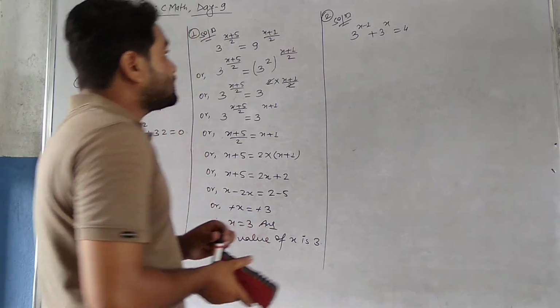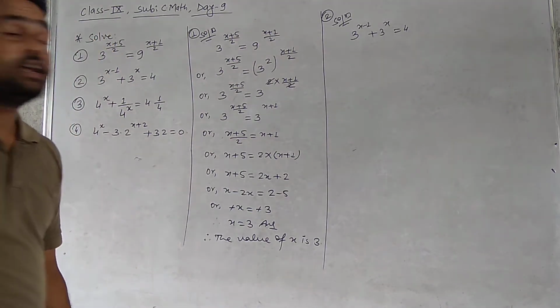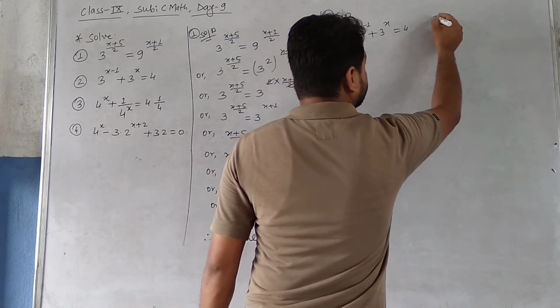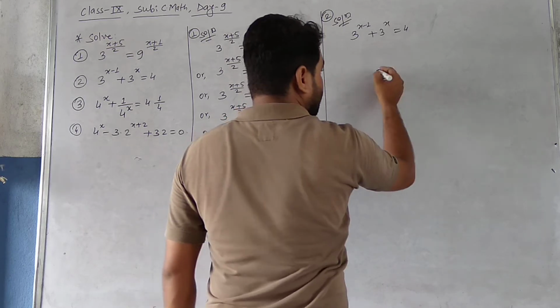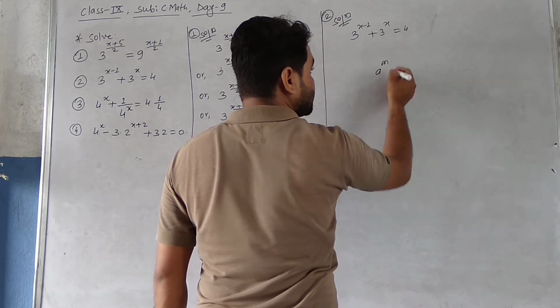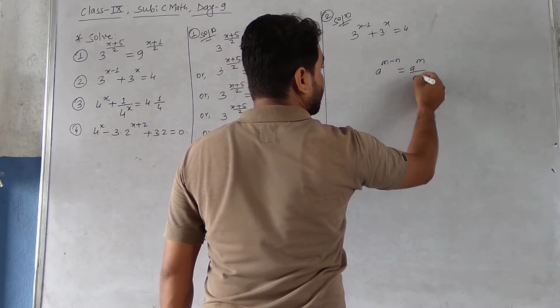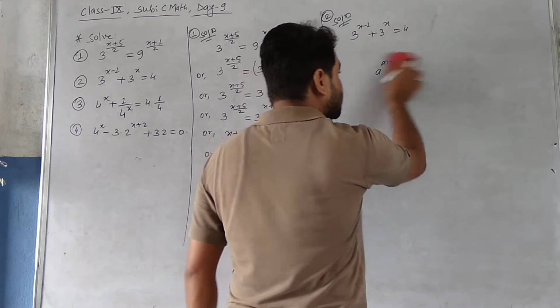Now let's split it. We are going to split 3 power x minus 1 first. Like this, a power m minus n can be written as a power m divided by a power n, and we split on the basis of this.